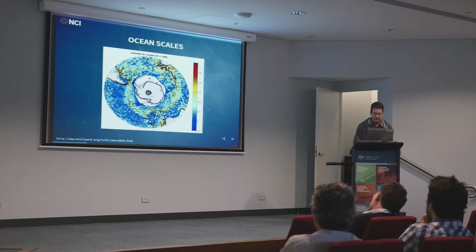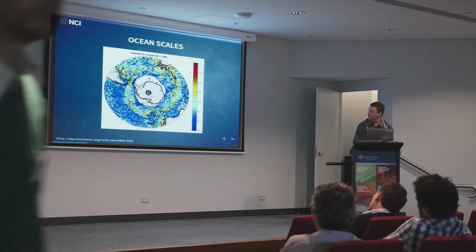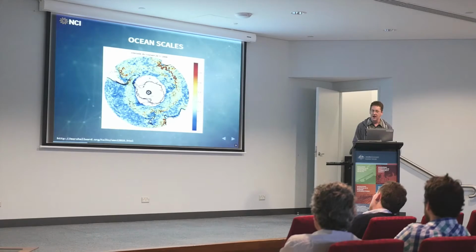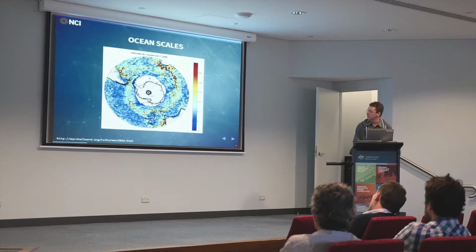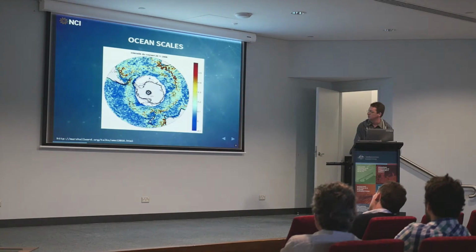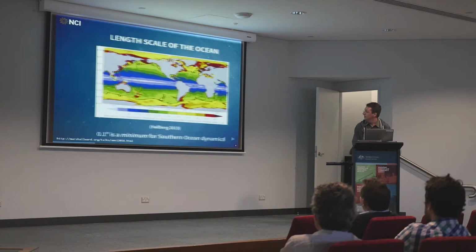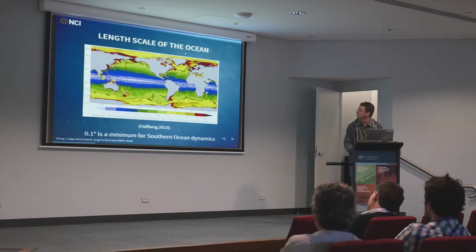And so that puts much more computational pressure to get these things running if what you care about is the dynamics. It doesn't mean you need a 10th degree model to capture what's going on in the ocean, but if you want to include ocean dynamics, you do need a lot of resolution and a lot of grid points. And so how many grid points do you need? Well, this is a picture from a paper a few years back, characterizing it.